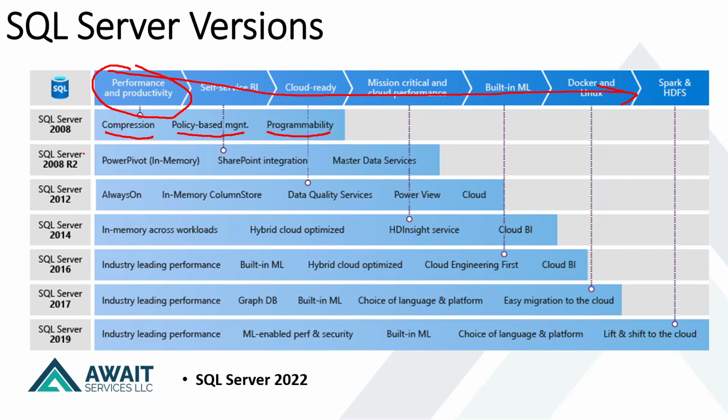In the same year, another version was released, which is 2008 R2. And I think this is the only year that two versions were released. For the other years, it is just one version per year. In 2008 R2, they brought self-service BI. BI means business intelligence. With business intelligence, we have the Power Pivot in-memory feature, and this was not available in 2008.